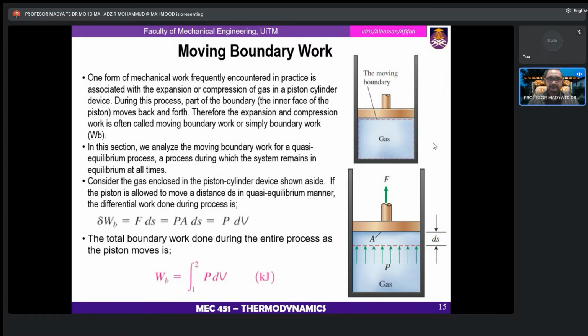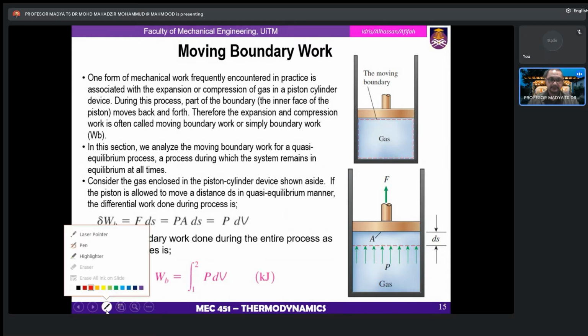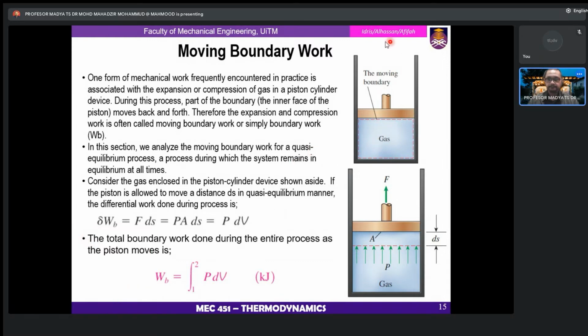This is a piston cylinder device. It shows the gas in this cylinder, and when we heat or cool the gas, the boundary will expand or compress.